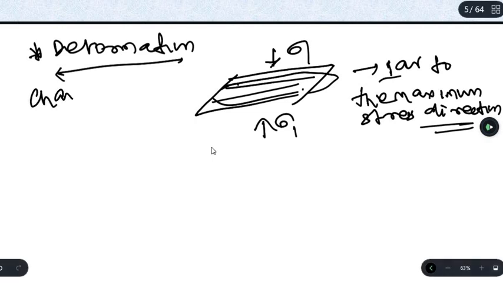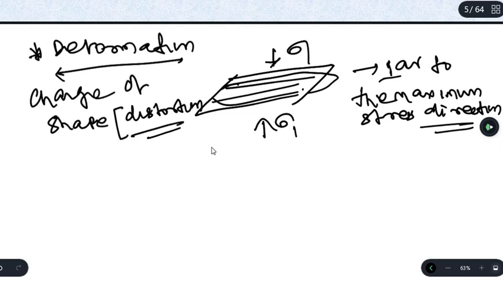Exactly. ठीक है. इसको बोलते हैं डिस्टोर्शन. Am I right or wrong? Not only shape change, size change is also possible. Deformation का मतलब है when you apply the stress, the response to the stress is called deformation. Clear? It is a simple word.